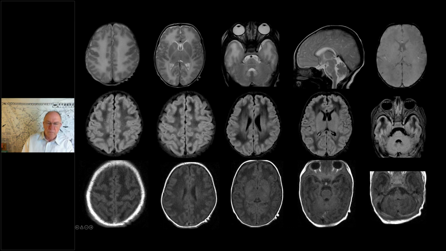On the FLAIR images, the abnormal white matter demonstrates rarefactive changes with some areas of subcortical cyst development in the frontal and parietal regions. Also on the temporal regions, there are rarefactive changes and early cystic development along the temporal poles on both sides. The T1 images demonstrate corresponding hypointense signal changes of the abnormal white matter.